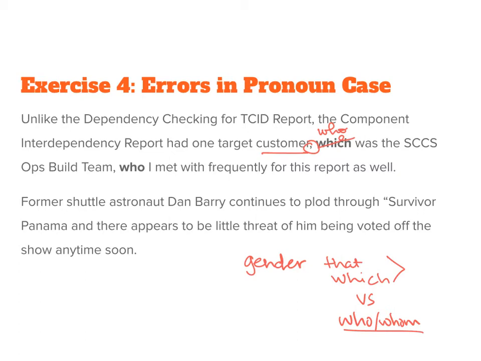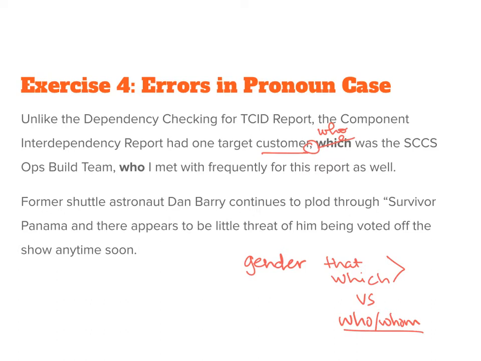You could take it out and it would make sense: the component interdependency report had one target customer who I met with frequently for this report as well. You could technically take out that phrase; it just adds additional information, which is nice. But the main idea there is the target customer. Since we're referring to people, we would want to use who instead of which, and it would keep the comma because it's non-restrictive, or non-essential, information.